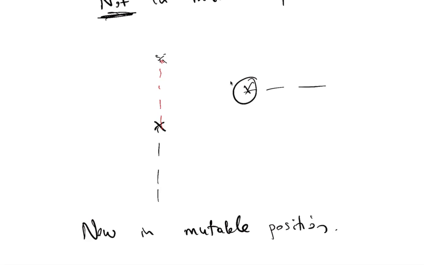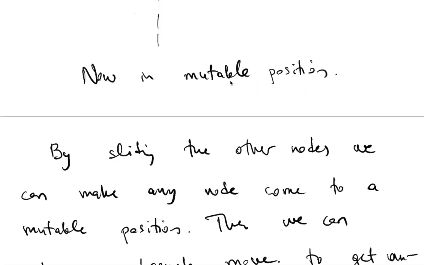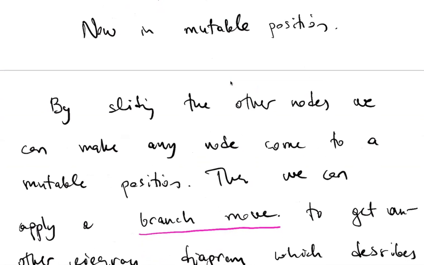After you do that, this node now becomes in mutable position. And by just sliding the other nodes arbitrarily far away along their given eigenrays, you can put every node into mutable position.